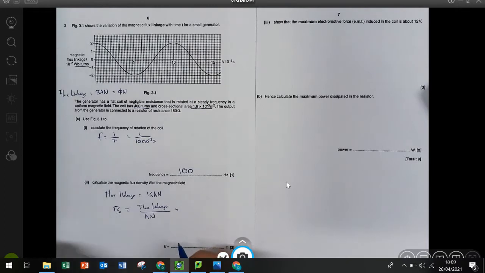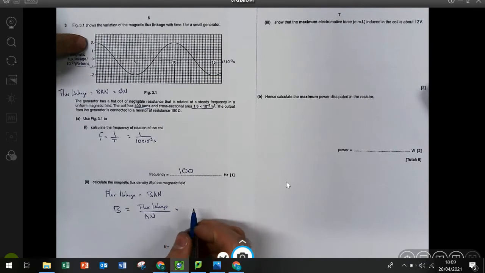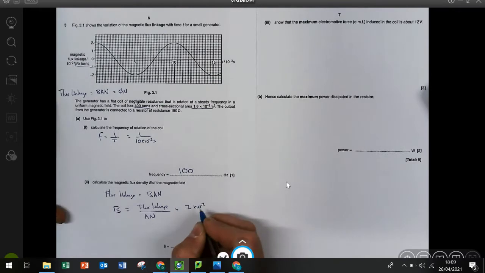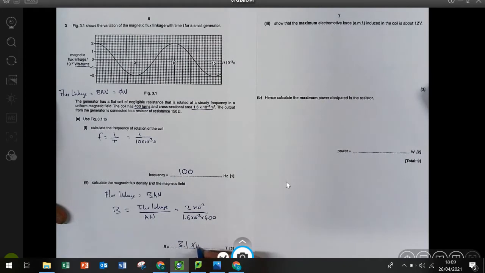So the flux linkage, what is that? We need to pick the maximum value of the flux linkage. So 2 times 10 to the minus 2, and then divide that by the area of the coil times the number of turns. Plug all the numbers in your calculator and you get 3.1 times 10 to the minus 2 Tesla.